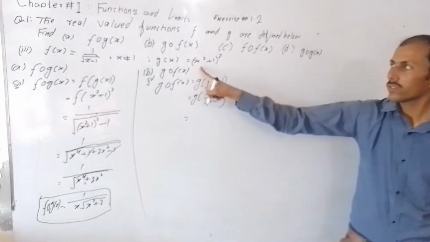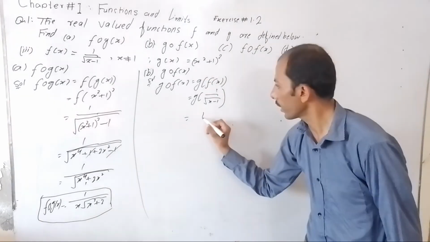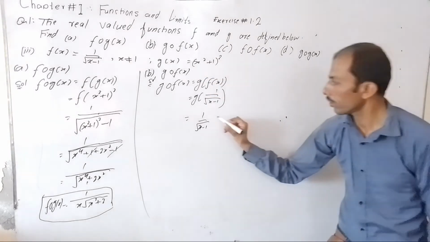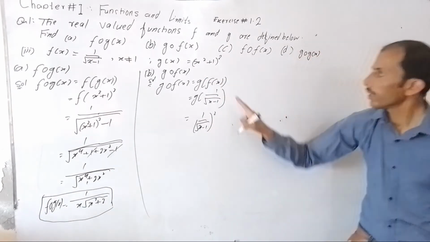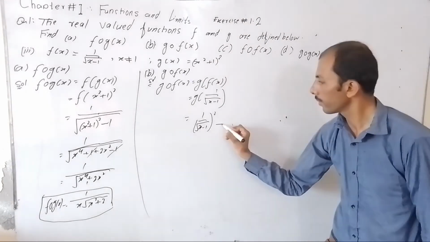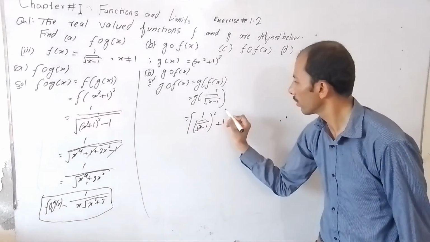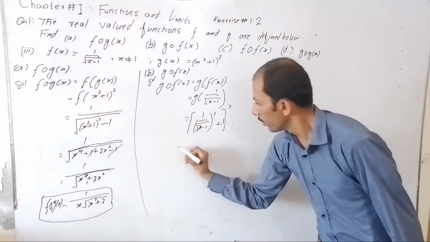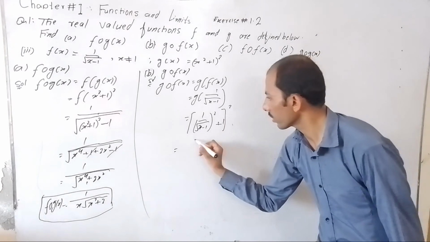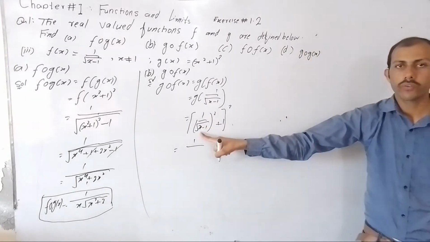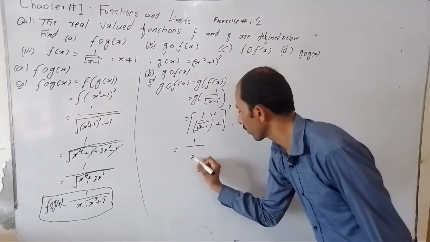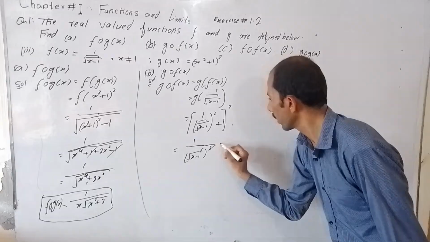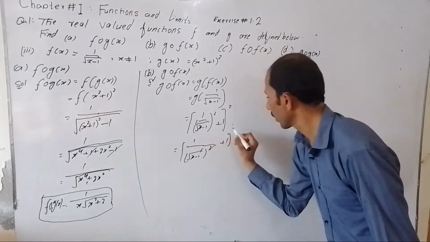Value of g is x square, so (1 divided by under root of x minus 1) whole square plus 1, whole square.